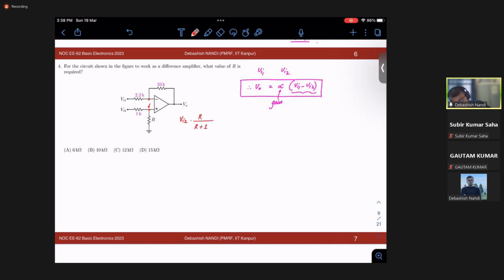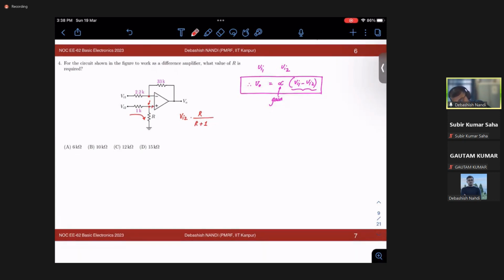This is simple voltage division, because no current is going into the positive terminal. Why is it so? Because we see an infinite input impedance at the base. So this potential will also be the same, right? Now let's say this is your Vx, this potential with respect to ground.